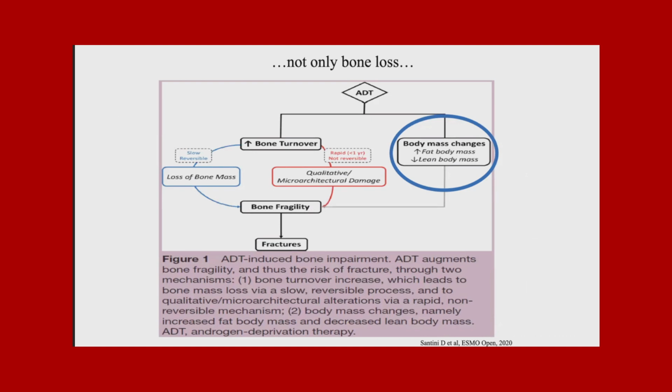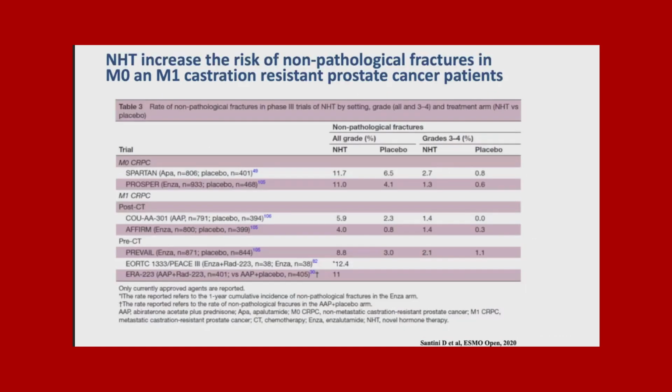But there is not only bone loss, because androgen deprivation therapy is also able to increase bone turnover, increase fat body mass and decrease lean body mass. And so there is an increase of falls, an increase of sarcopenia, an increase of inflammation, and an increased risk of osteoporotic fractures.